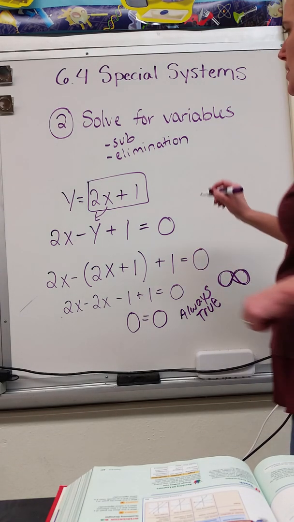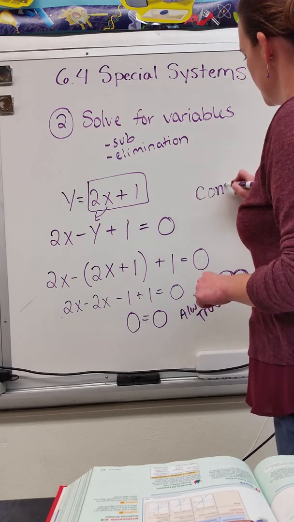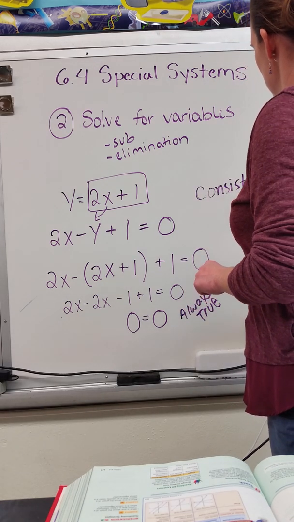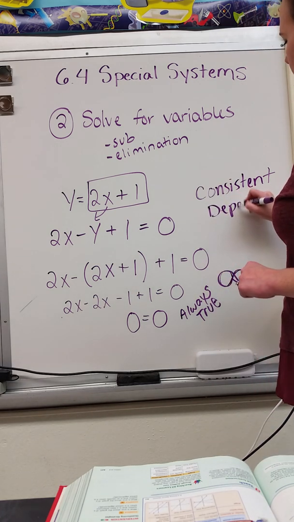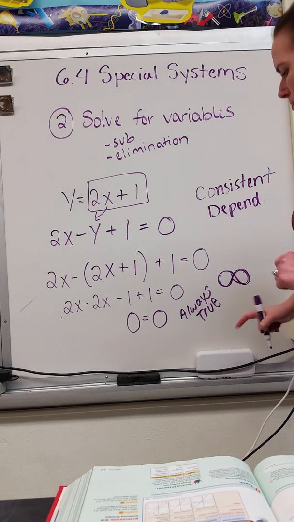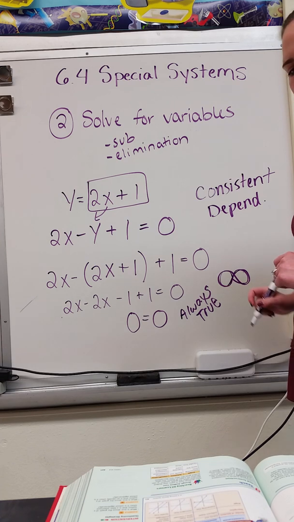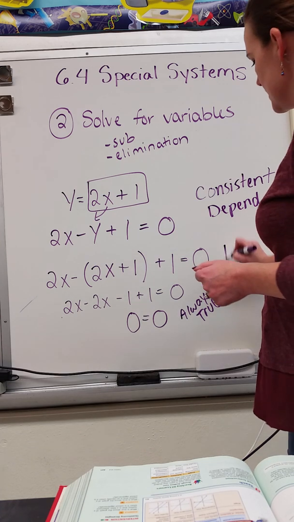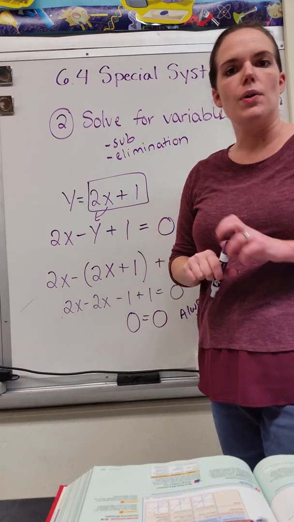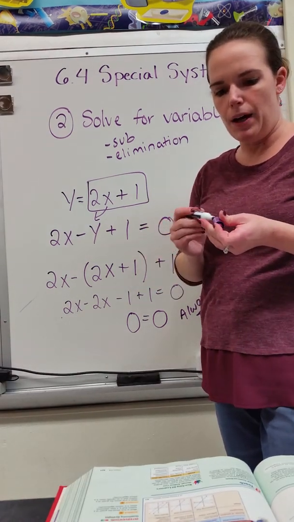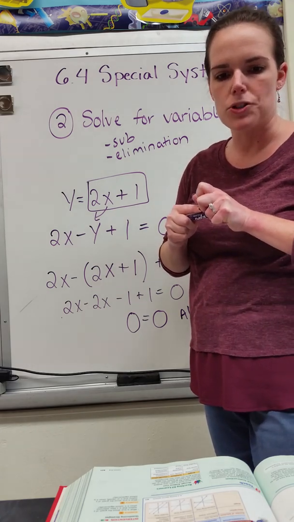So this system is consistent and dependent, because you have infinitely many answers, or sometimes your teacher will have you write that as all real numbers. So that is just a real quick recap on 6.4 special systems.